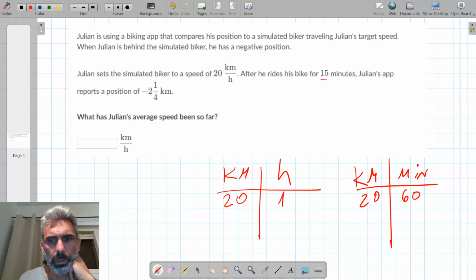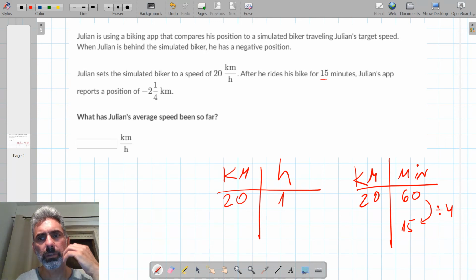So if the simulated biker goes for 15 minutes, we need to divide by 4. So in 15 minutes, the simulated biker would have traveled 20 divided by 4, which is 5.